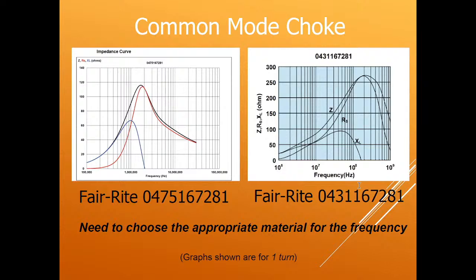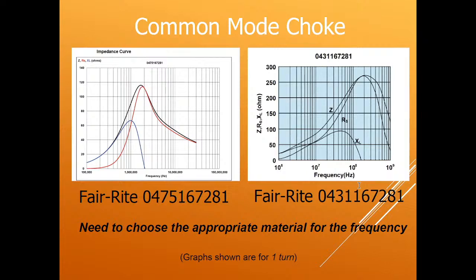So this material here is material 75, and that's told by the third and fourth numbers of the part number. And so this is mix 75, which is a particular set of ingredients in the ferrite that they use to make the core. And this one's particularly effective at about 1.8 megahertz. So guess what? That would be awesome if you had problems on 160. Okay, that would be the one you'd want.